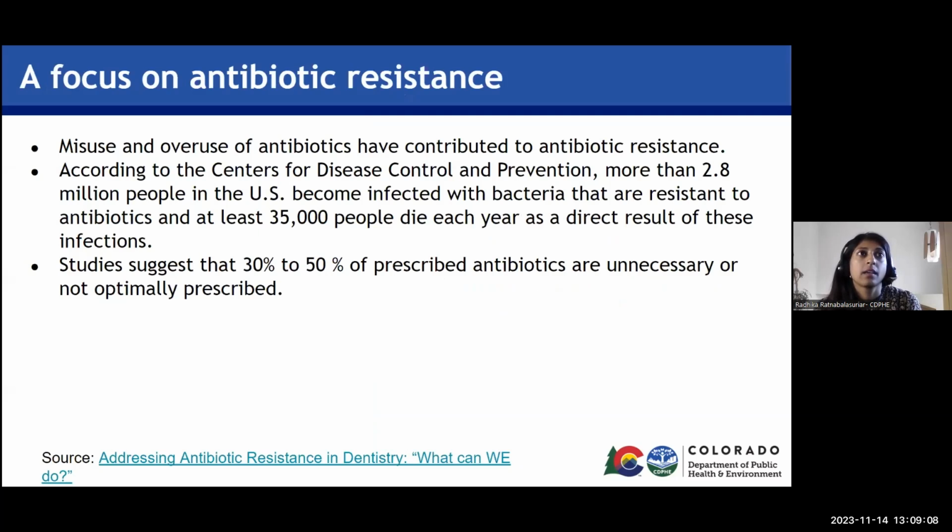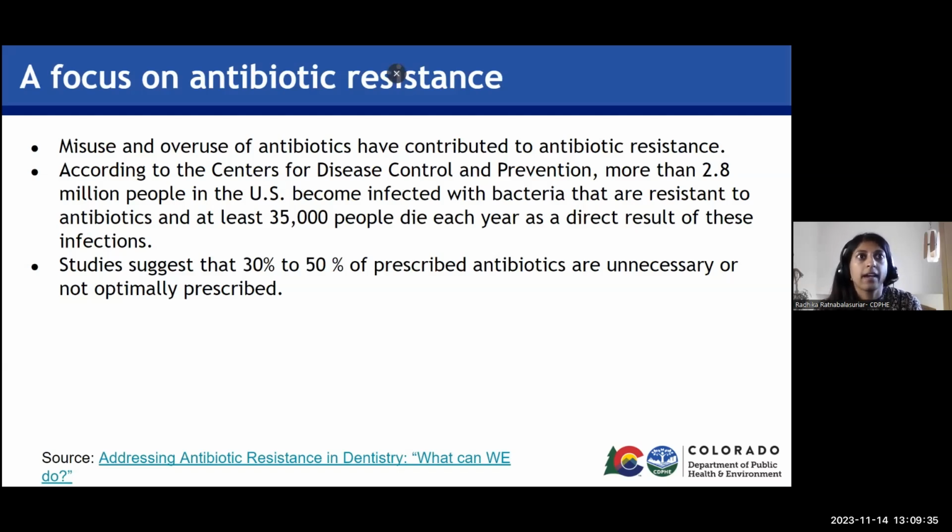And so focusing on antibiotic resistance here, misuse and overuse of antibiotics have contributed to antibiotic resistance. And according to CDC, more than 2.8 million people in the US become infected with bacteria that are resistant to antibiotics. And at least 35,000 people die each year as a direct result of these types of infections.